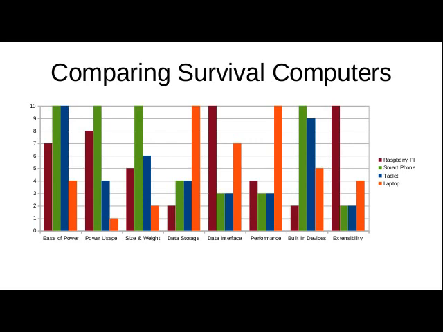So the best one as far as power usage, and why this is important too. Ease of power is: how easy is it going to be to power? And I think that's self-explanatory. But the power usage is important too, because we're not talking about grid-up where you can just plug it right into your outlet.